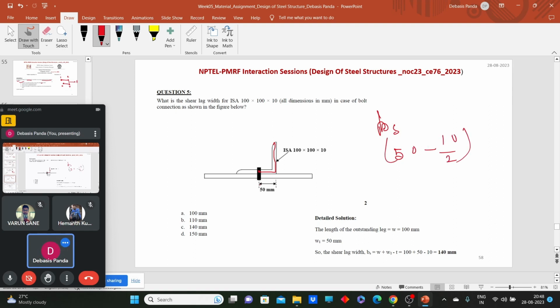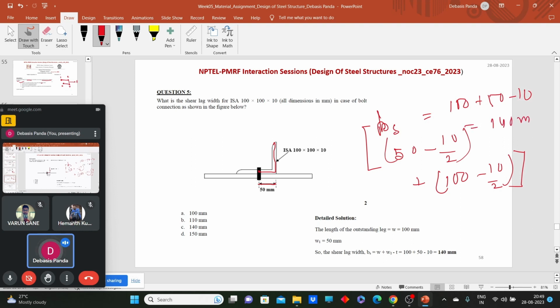That means we have come up to here, right? Plus, from the center we need to go up to the last, so 100 minus 10 by 2. So that is the total length. What is coming as? 100 plus 50 minus 10, so 140. Or you can directly use that codal formula, w plus wy minus t.